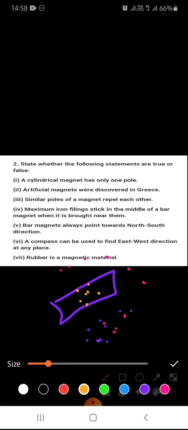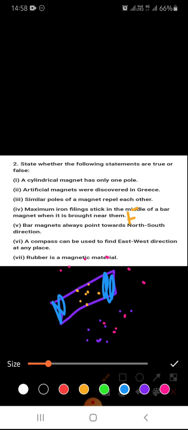So is it true or false? It is false. This statement is false because the maximum of the iron filings will stick on the poles. Poles are this side and this side, so they will stick on the poles because the maximum strength of a magnet is on the poles. So this statement is false.